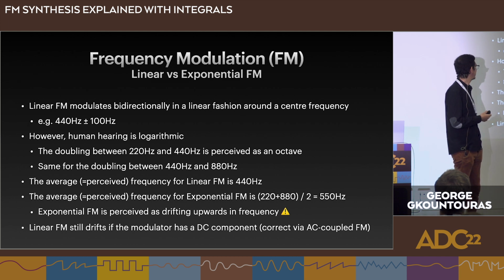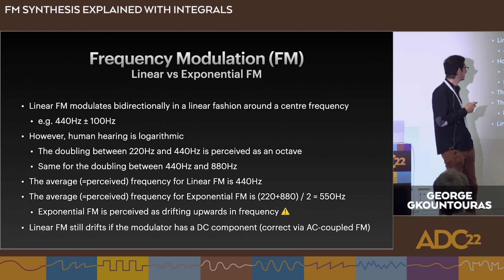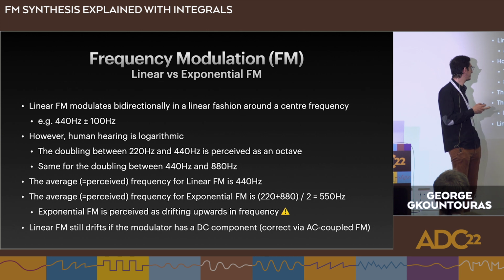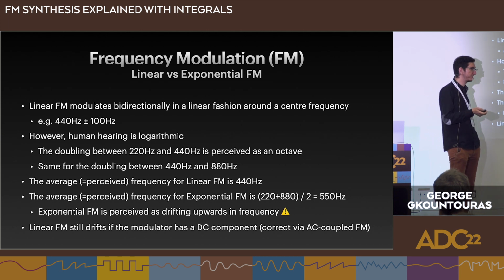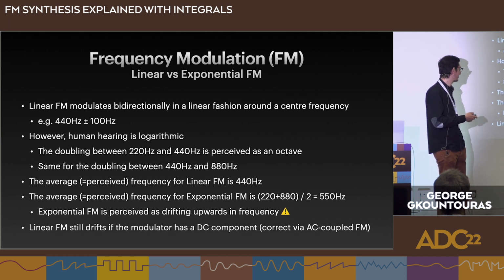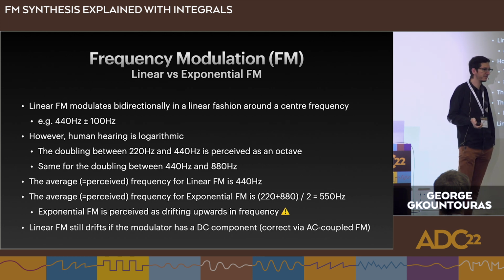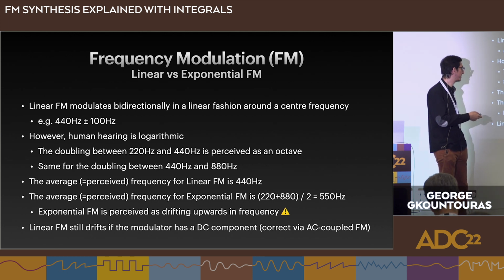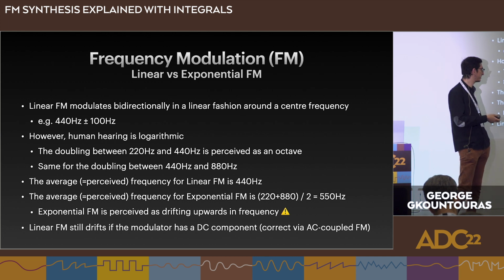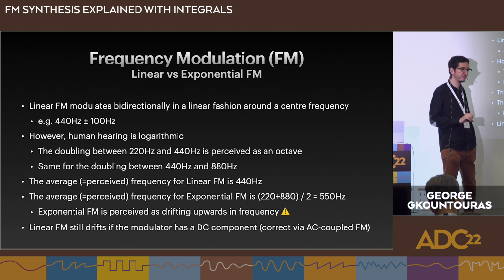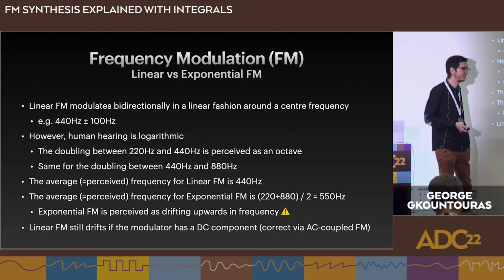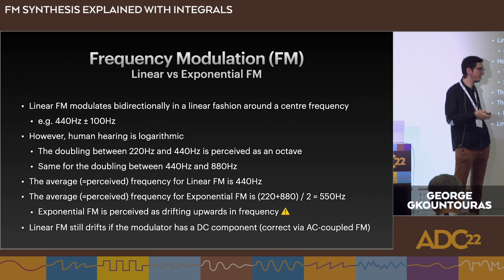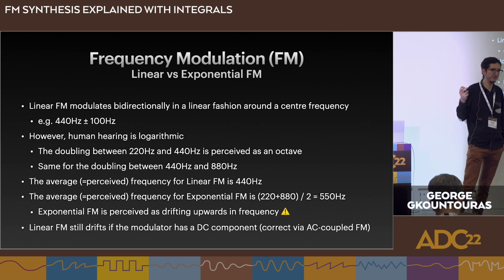We perceive sound in octaves, and we have this doubling of frequency in each octave. So the average frequency, which is how we perceive it, for linear FM would be the center frequency, but the perceived frequency for exponential FM is something different, and we hear it as drifting. So exponential FM sounds like it's drifting in frequency.